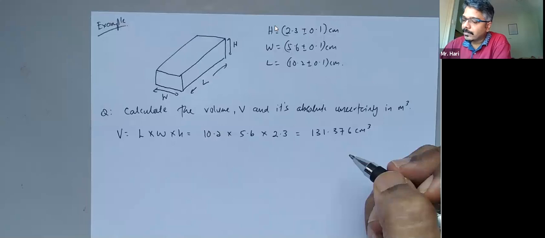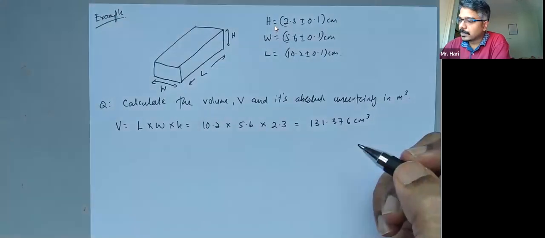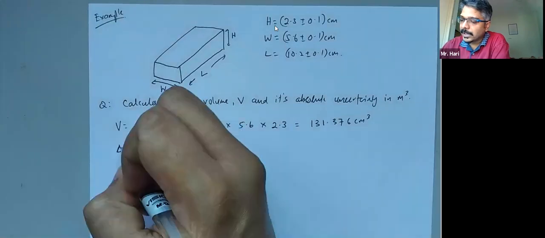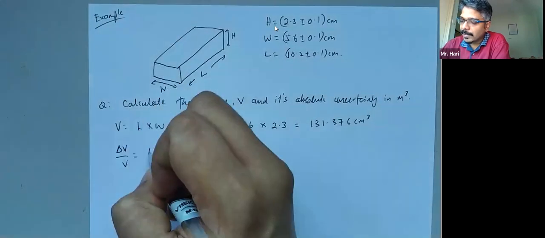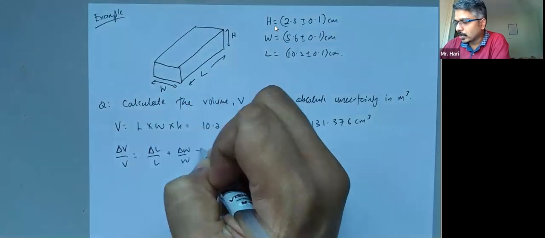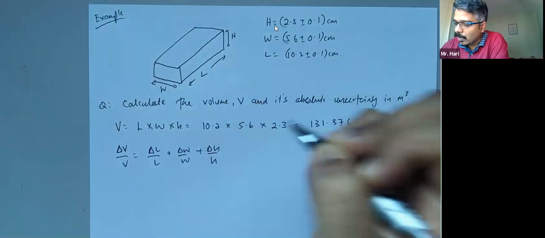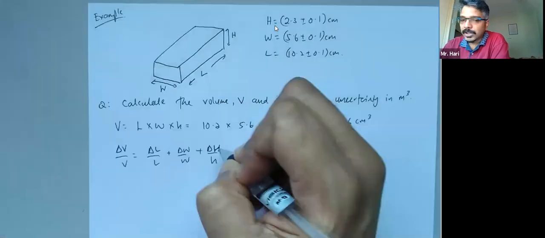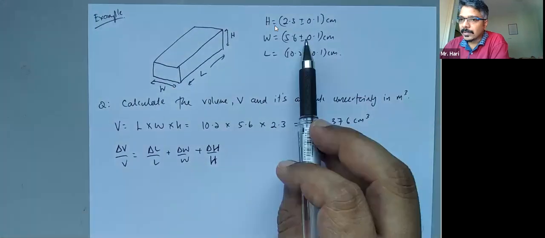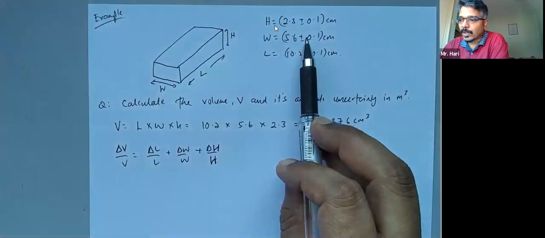Okay, the next thing, you need to find out the absolute uncertainty for the volume. So delta V over V is delta L over L plus delta W over W plus delta H over H. Basically, I'm adding all the fractional uncertainties of the measured physical quantities.